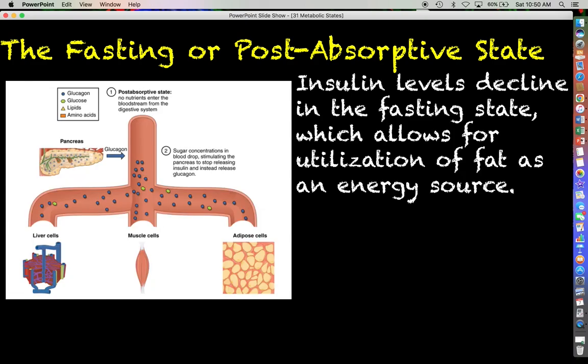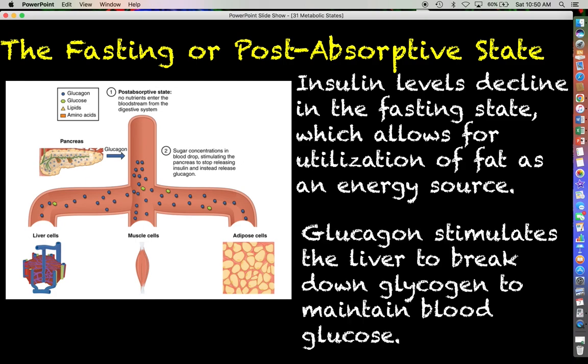Okay, so in the fasted state, as you can imagine, insulin levels are going to decline because you have less glucose in your bloodstream. The lack of insulin, as we mentioned before, will allow for the utilization of fat as an energy source. So this will actually allow us to burn through our fat stores. And then glucagon, this is not glycogen, this is glucagon.